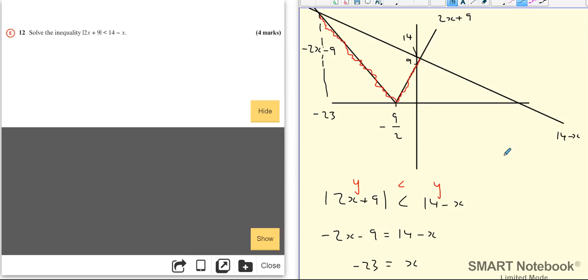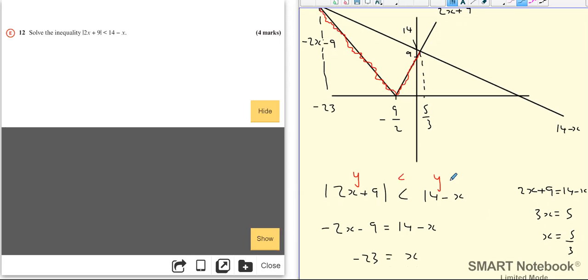And then for this solution here, I'm going to say 2x plus 9 equals 14 minus x, 3x equals 5, and x equals 5 over 3. So this solution here is 5 over 3.